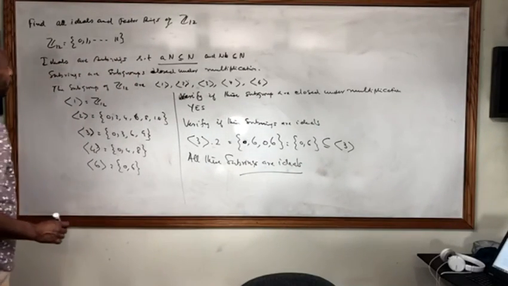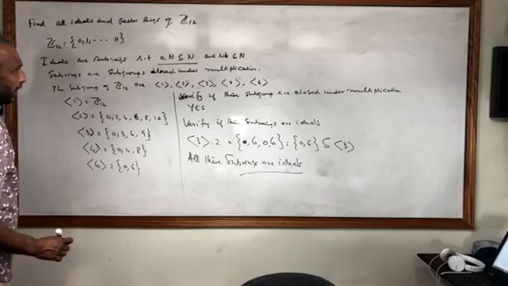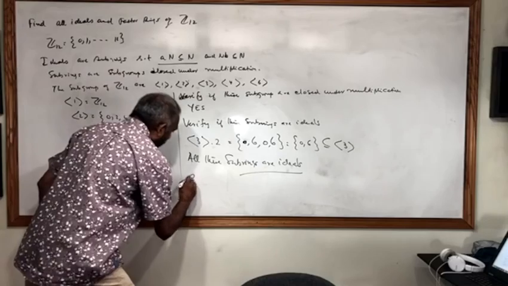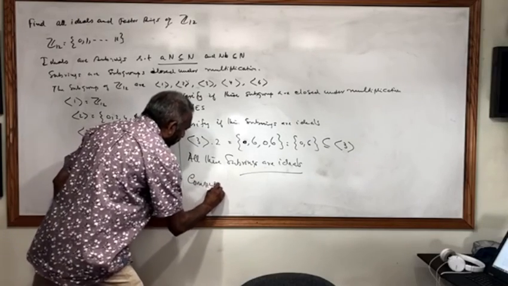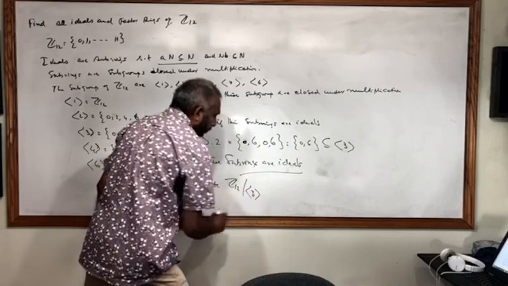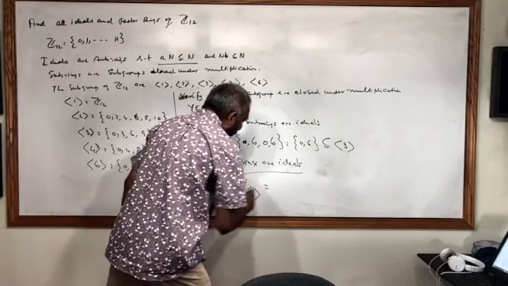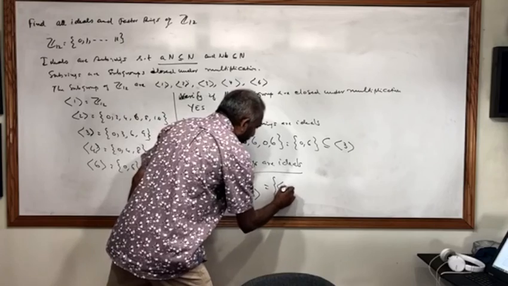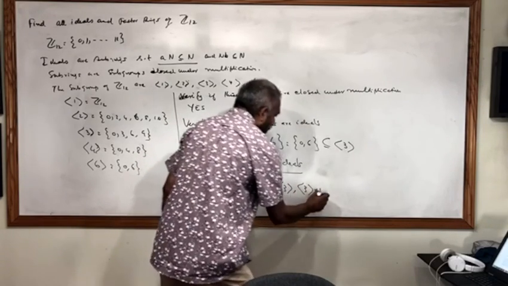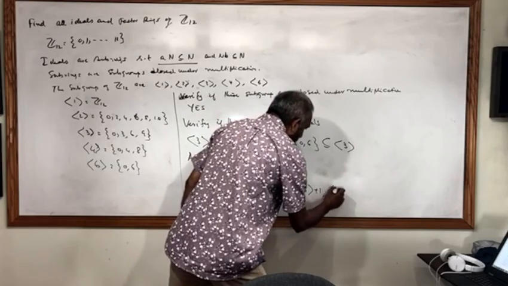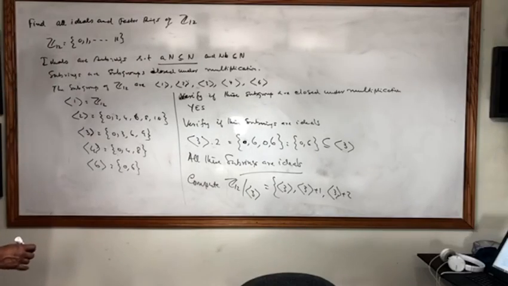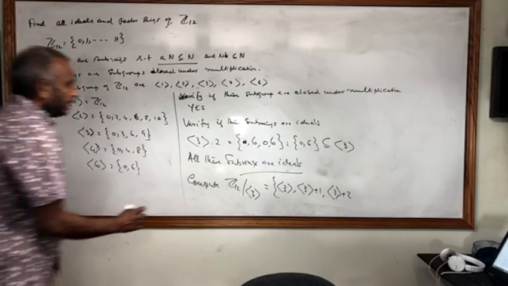Now if you want to compute the factor rings, let us compute one factor ring. Compute Z12 over the subgroup generated by 3, and that is equal to 3 plus 0, 3 plus 1, 3 plus 2, and 3 plus 3.